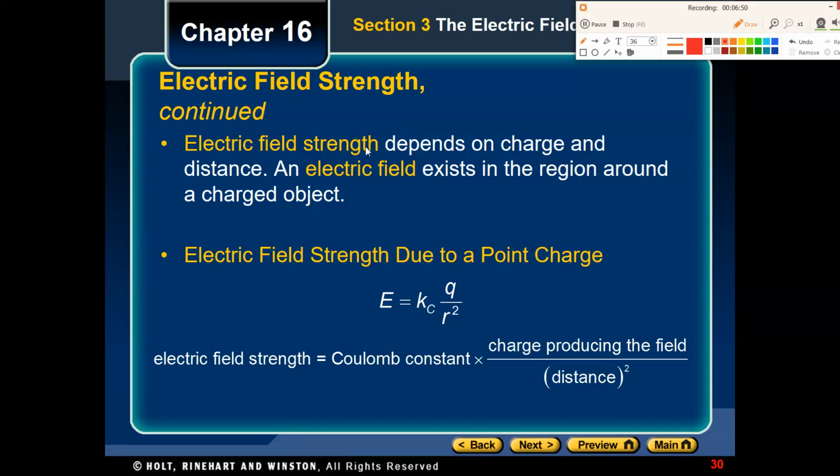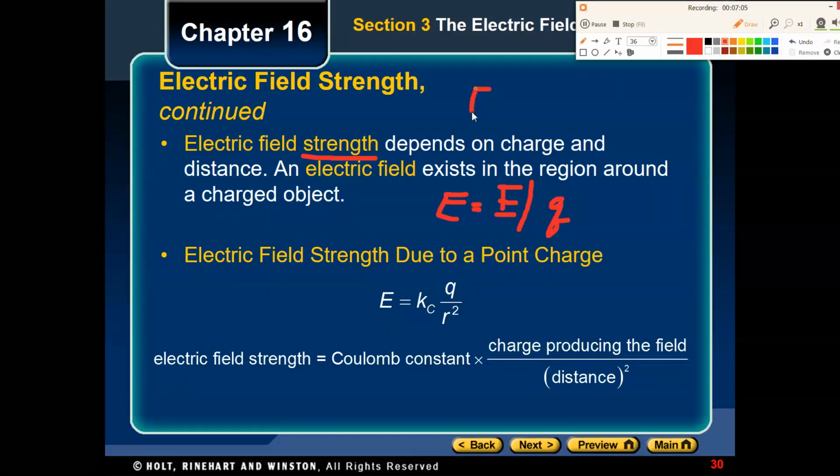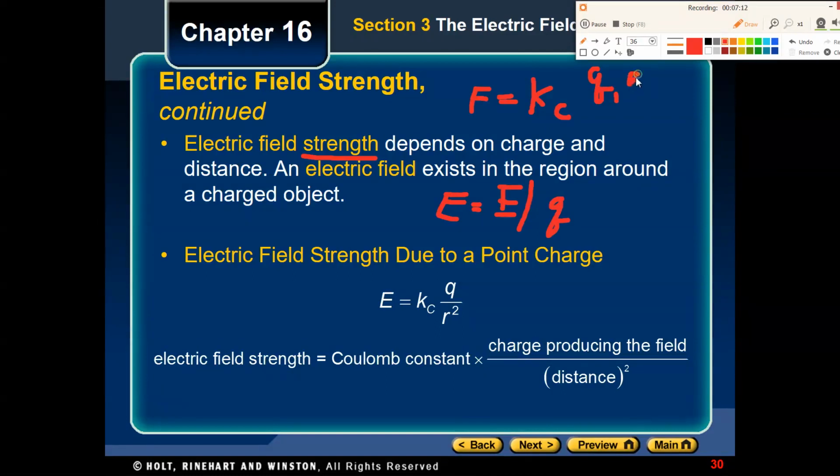The strength of the electric field is the force divided by the charge. If you recall from section 2, electric force equals the Coulomb constant times charge 1 times charge 2 divided by r squared.